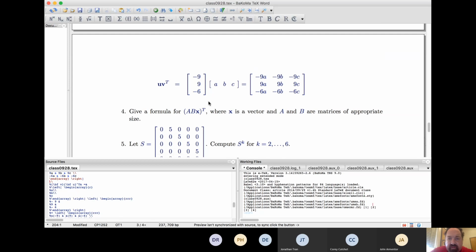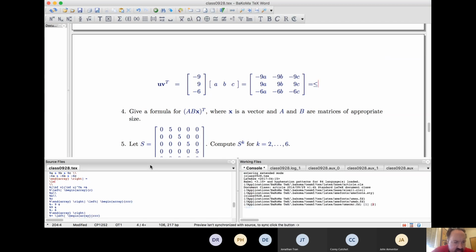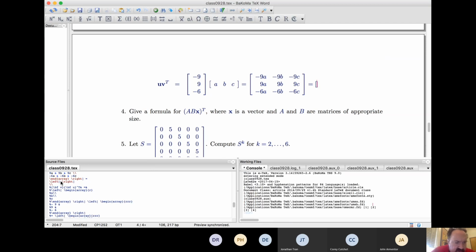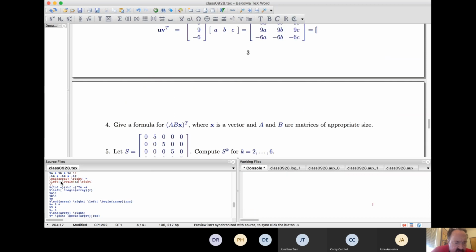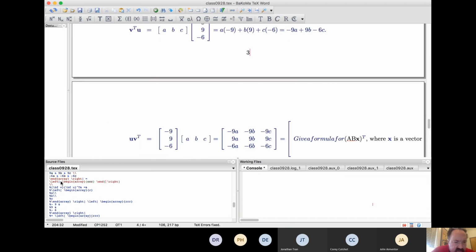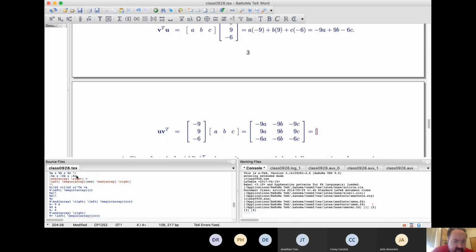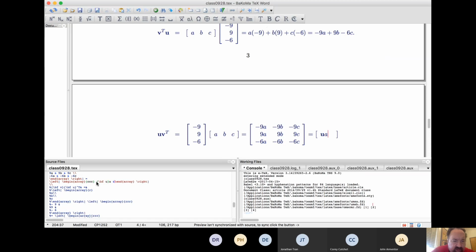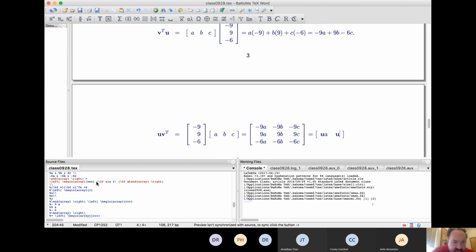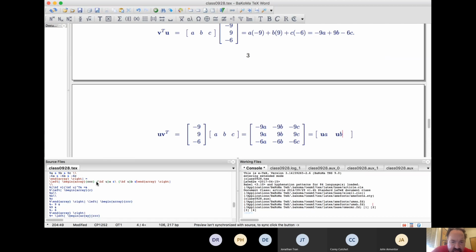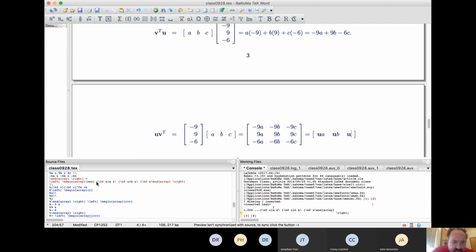From the column perspective, we have u times a, and then u times b, and then u times c.